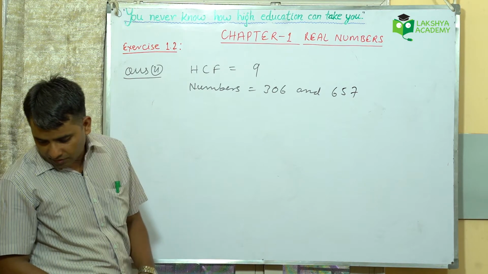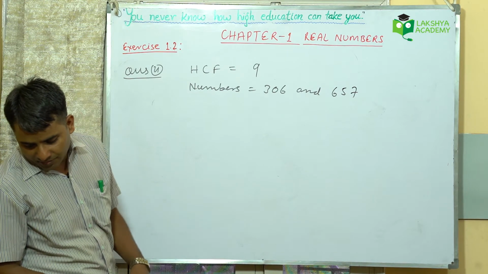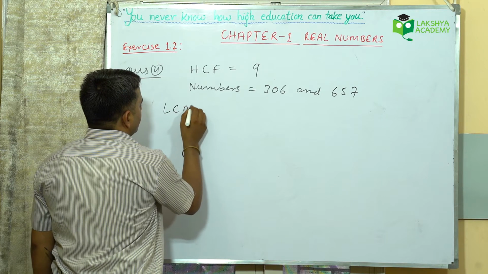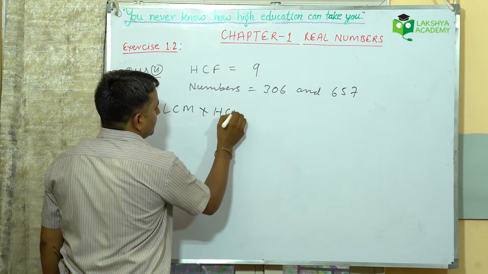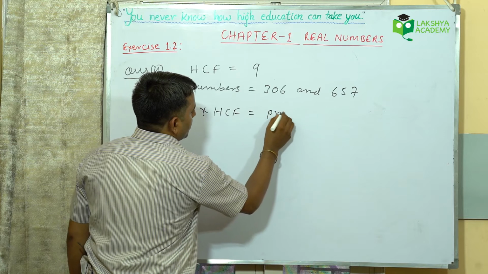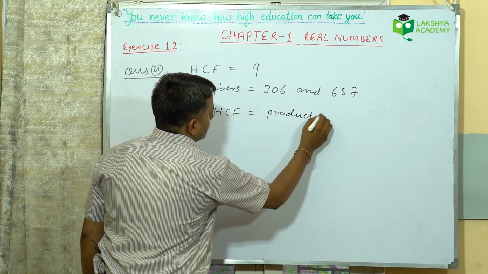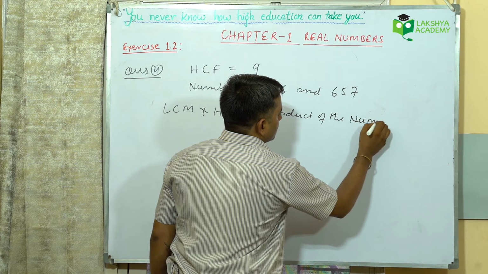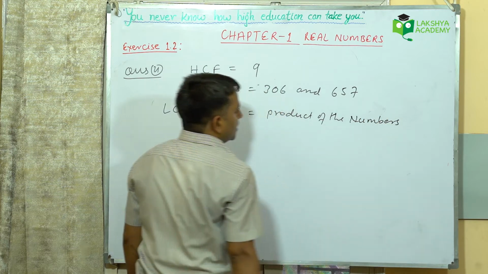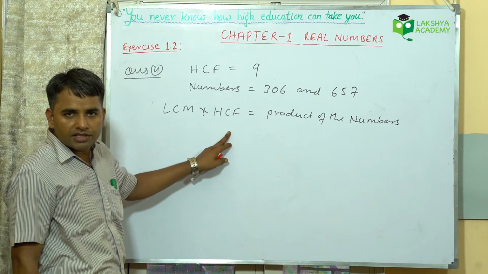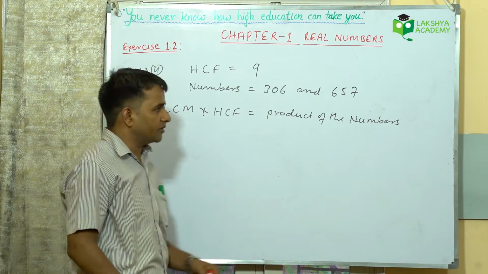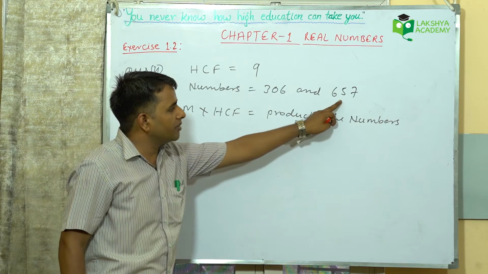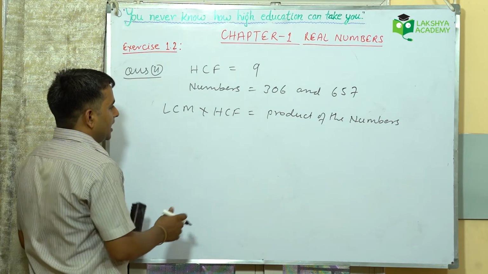So we need to find out the LCM of these numbers. We will find it the same way: LCM into HCF is equal to the product of the numbers. HCF is already given to us, numbers are given to us, we need to find LCM.